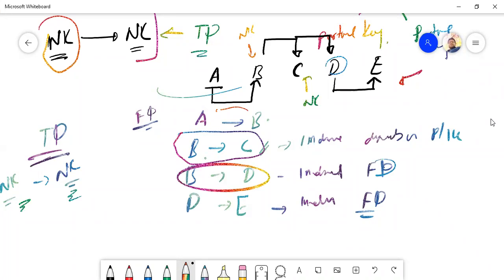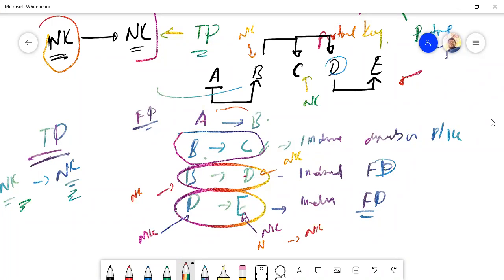So again, this D depends on B. B is a non key, and D also a non key. So again, you can see this case D and E. This is also a non key. This is also a non key. So if you find a non key depends on another non key, we can say there is a transitive dependency.